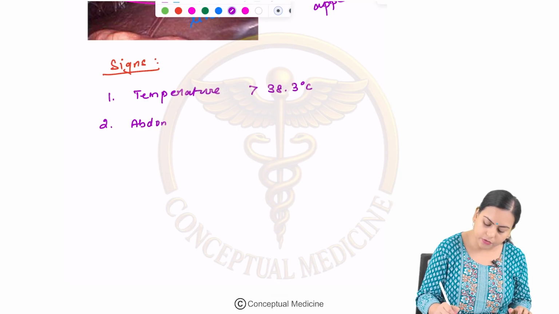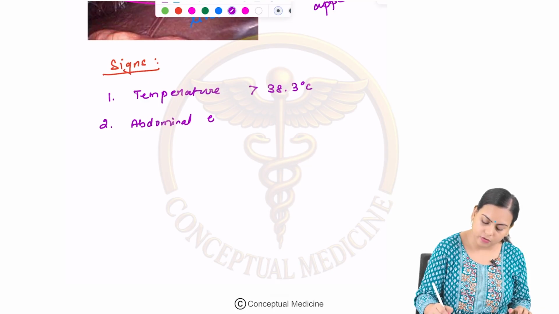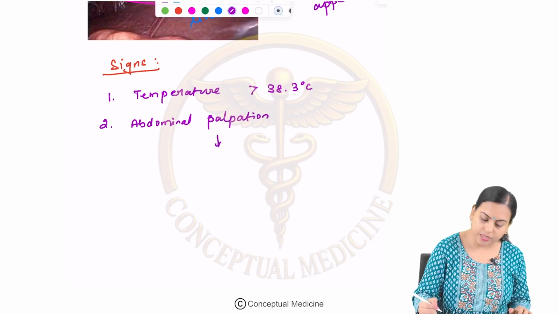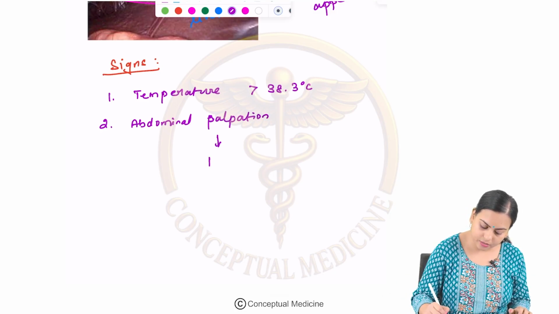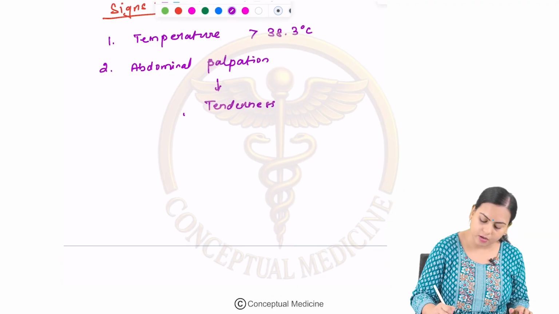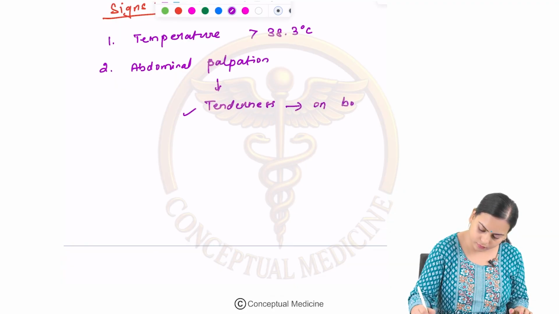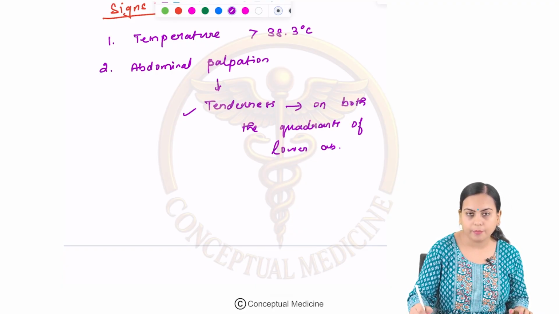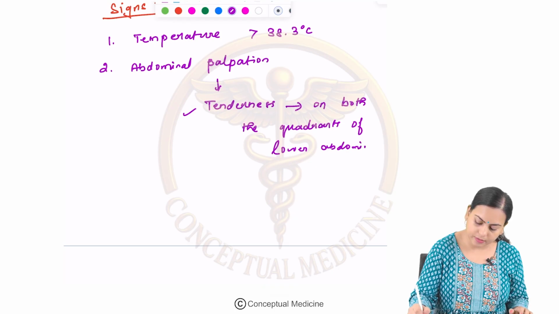You will be able to see during abdominal palpation, it will be revealing tenderness on both the quadrants of lower abdomen. That is lower abdominal pain will be there.